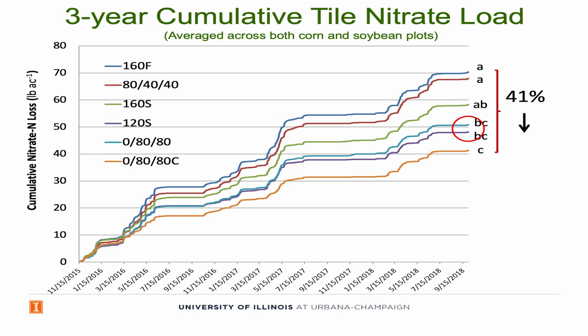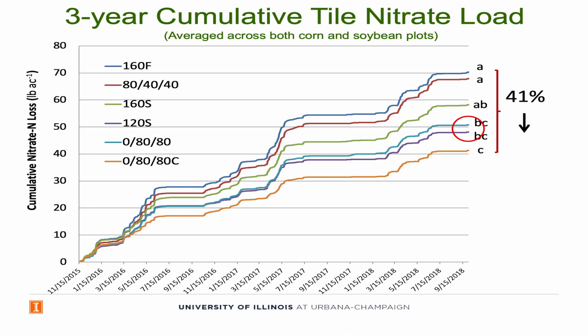But I circled these 2 because this is the loss from the full rate, but split equally, spring and side dress, versus a 75% rate all in the spring. So we've lost just as much nitrogen out of the 75% one as we did the full rate. And so timing matters, and it shows that tile nitrate is not simply a matter of excessive N fertilization.